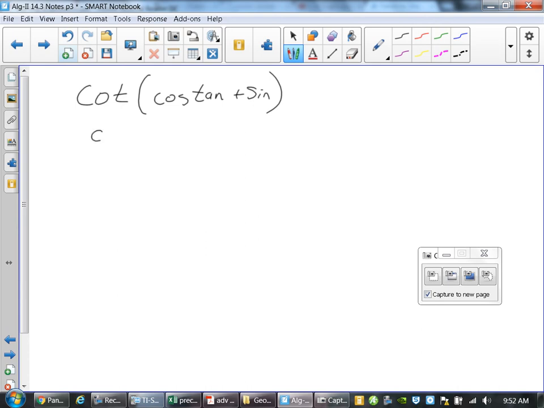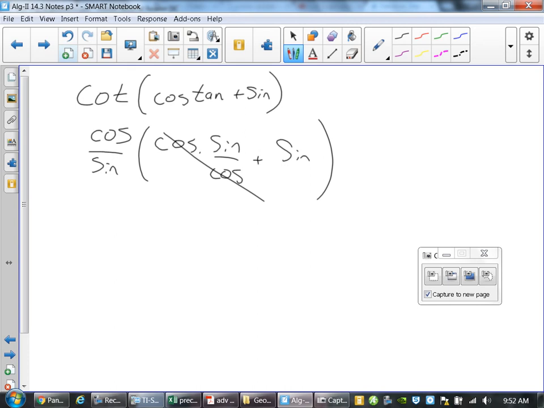So this is cosine over sine times cosine times sine over cosine plus sine. You okay with that? Inside the parentheses, I see right away that happens, which gives me sine plus sine, which is 2 sine.